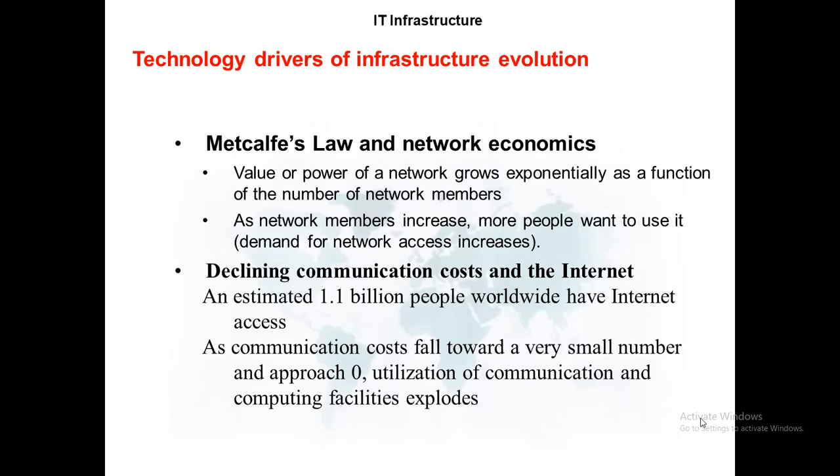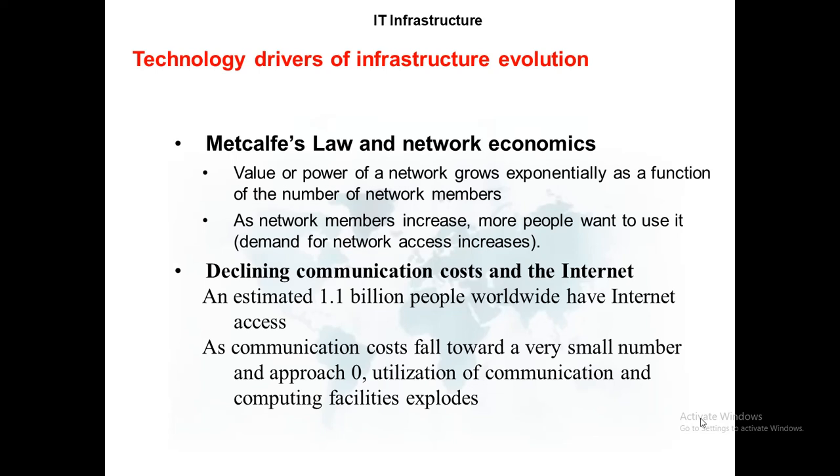But now, who spends 40,000 for just calls a month? Very few people, maybe those with businesses, because the communication costs are falling towards a very small number. They are almost approaching zero. Look at the costs for data. They are also falling. Now we have bundles of 2,000.